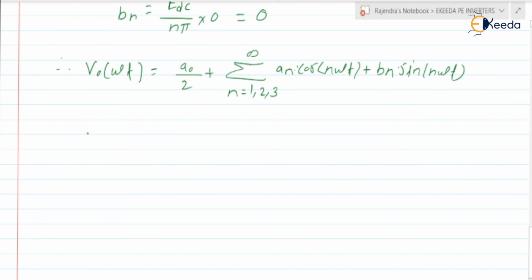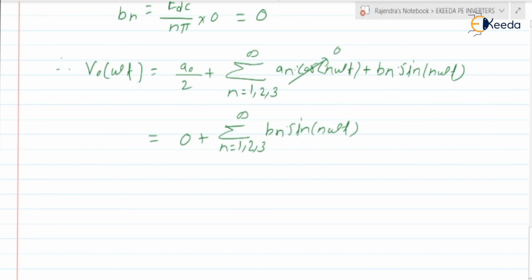If you check, a0 by 2 is 0, so it is 0 plus summation over n equal to 1 to infinity. A0 is 0, so this term also becomes 0, so it will be only bn into sin of n omega t.